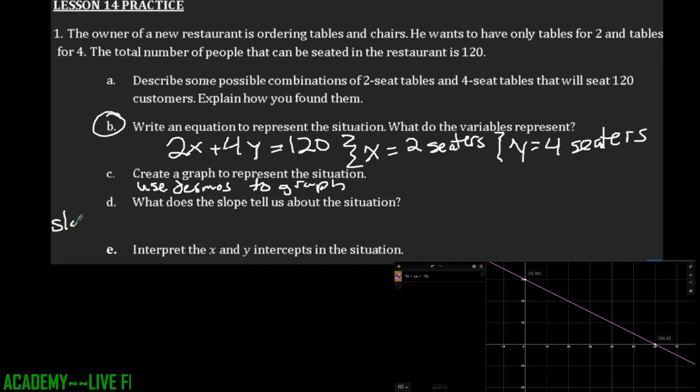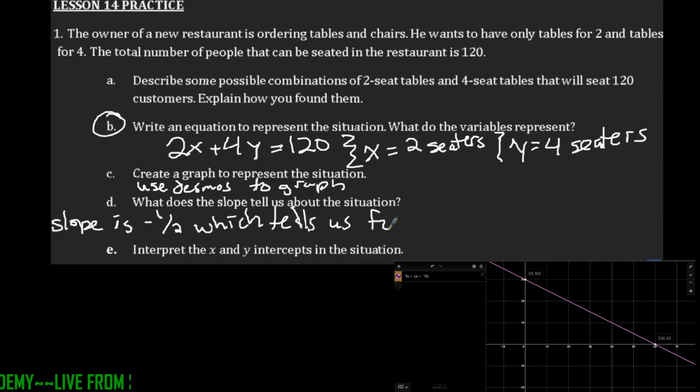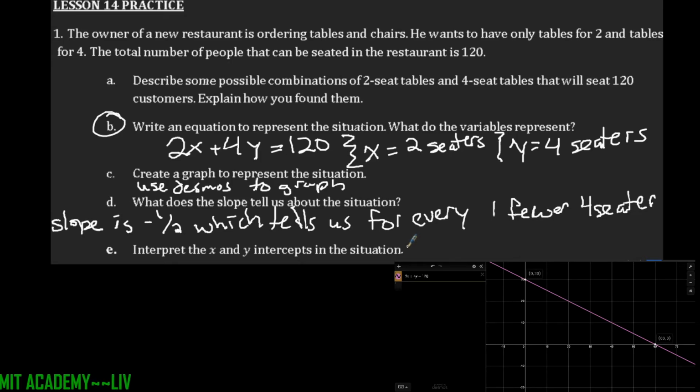Well, we can say the slope for this one is -1/2, which tells us for every one fewer 4-seater, again fewer because it's -1, we can use an additional 2 2-seaters.